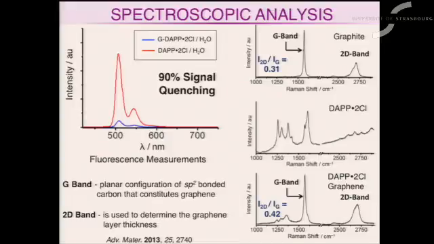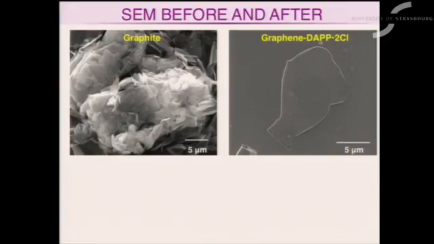And what you'll notice here is that going from up here, where we don't have any DAPP, the intensity of the 2D to the G bands does increase, while the DAPP Raman frequencies are quenched. And this is indication that we are getting some insertion of the DAPP in between the graphene sheets.